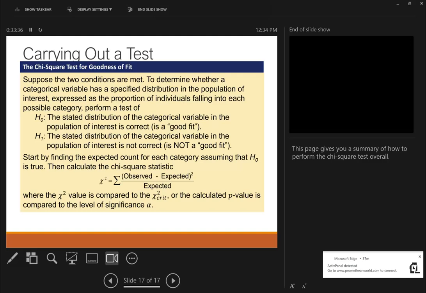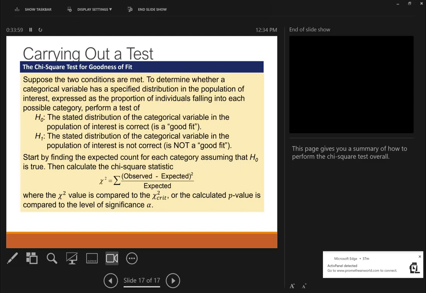So we start by writing our null and alternative hypotheses. The null is always the sample distribution is a good fit to the known distribution. And the alternative is the sample distribution is not a good fit to the known distribution.